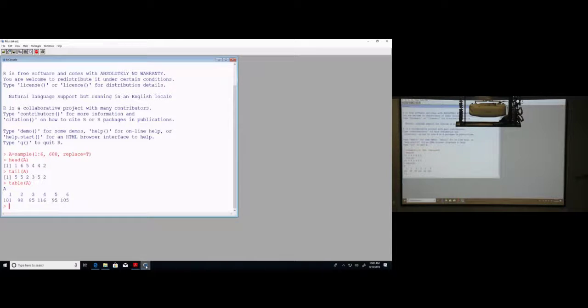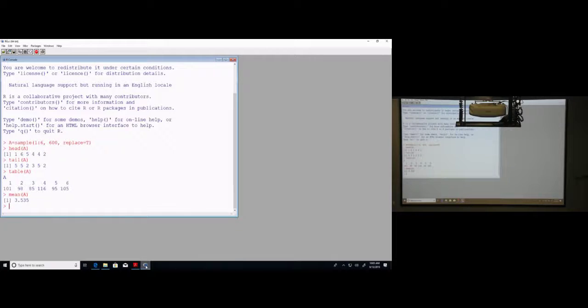Now, to find out the average that I get from these 600 rows, of course, one way I can do it is, this is a vector, so I'll just take the average. The average is just mean, all right? And so I will get this. Later on, this 3.5 is something special.